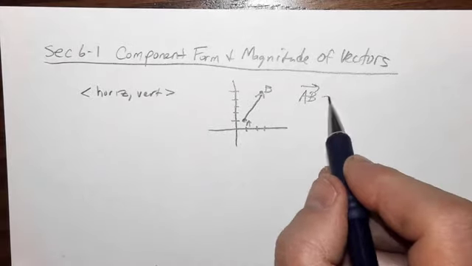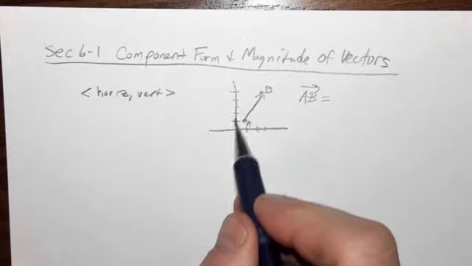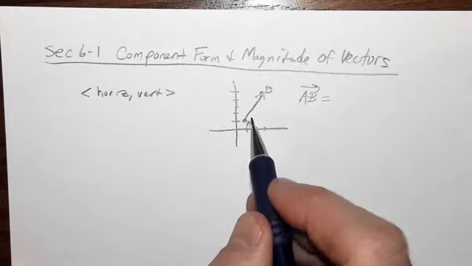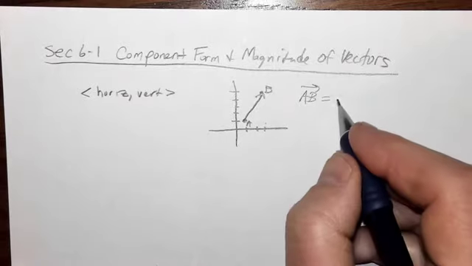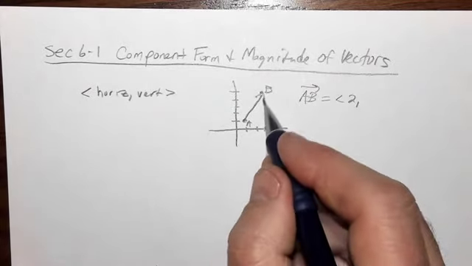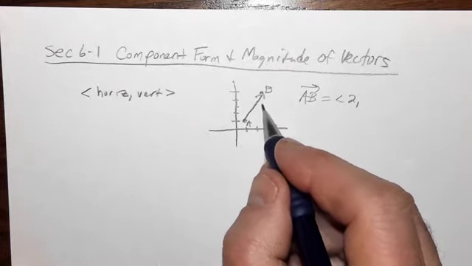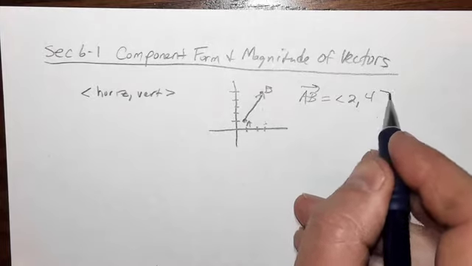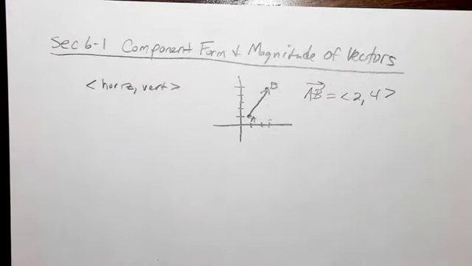And in component form, that's the head minus the tail, right? Or we just count 1, 2, that's the horizontal component. And then the vertical component is counting from here up to the head, 1, 2, 3, 4. So in component form, that vector is the vector 2, 4.